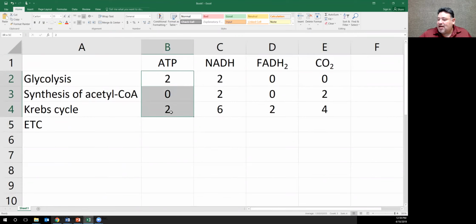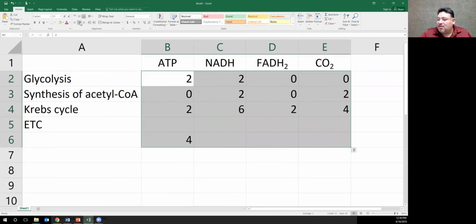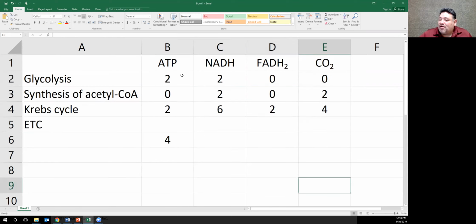We're going to drag this all the way down to the bottom, and I'm going to say plus. There we go. And so from glycolysis, we get 2 ATP. From the Krebs cycle, we get 2 ATP. So for the whole thing, for all of respiration, we end up with 4 ATP. 4. Okay.